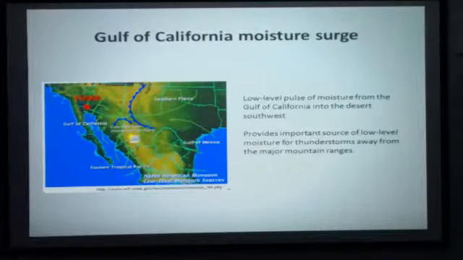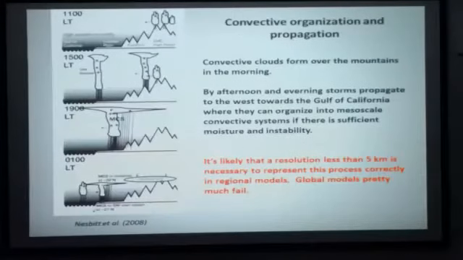This is important because of where the moisture comes from, when you're talking about trying to get organized mesoscale convective systems that propagate westward off the mountains. This low-level moisture source is really critical from the Gulf surge to prime the lower levels of the atmosphere to supply moisture for the propagating convection.